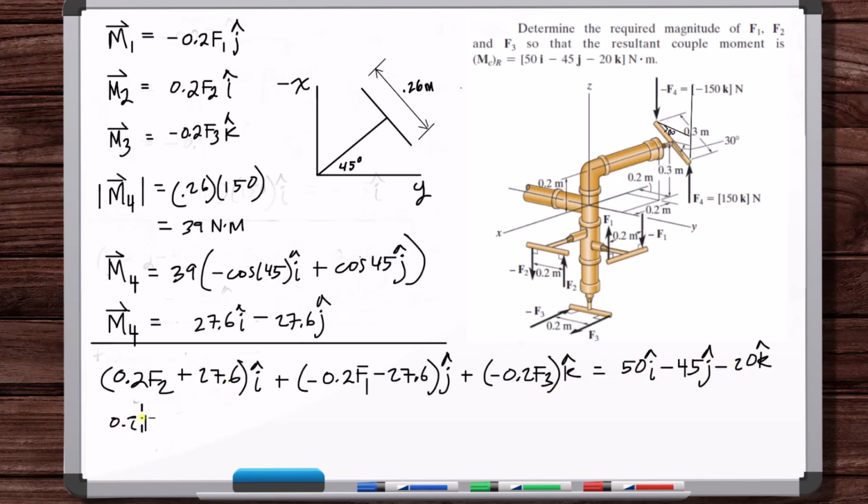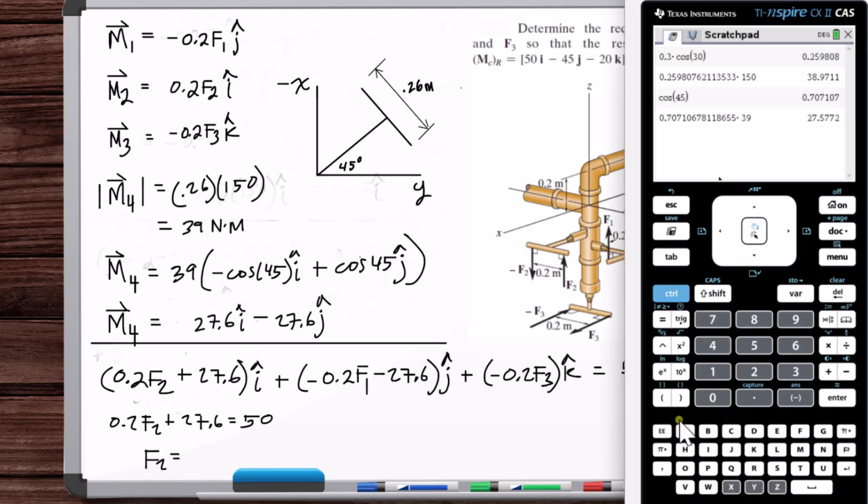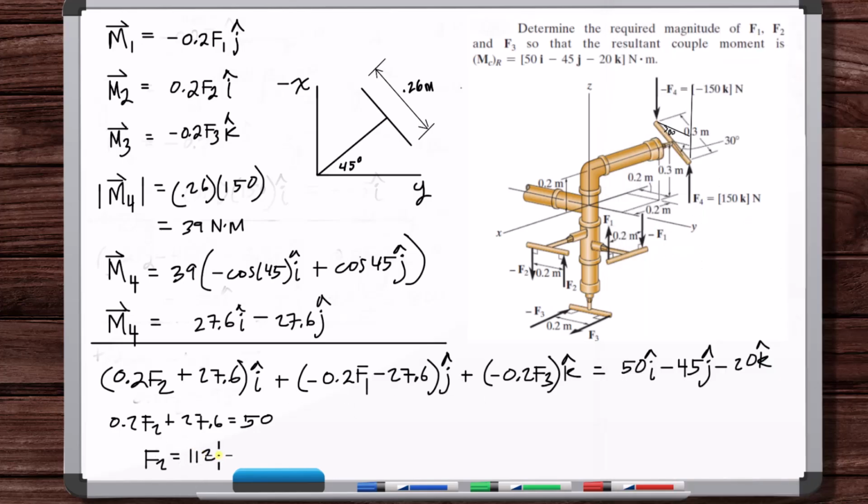So 0.2 F2 plus 27.6 is equal to 50. F2 is equal to 50 minus 27.6, divided by 0.2, which is 112 newtons. So that's F2. Now minus 0.2 F1 minus 27.6 is equal to minus 45.